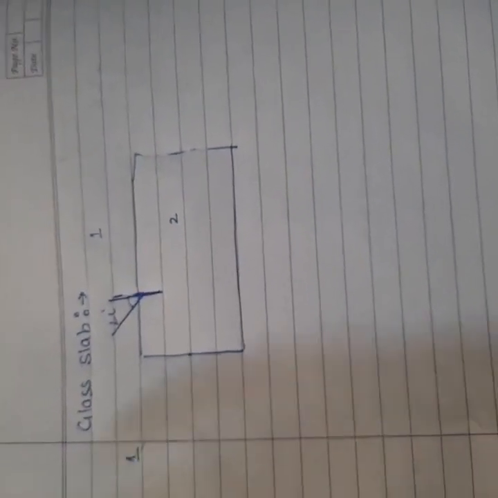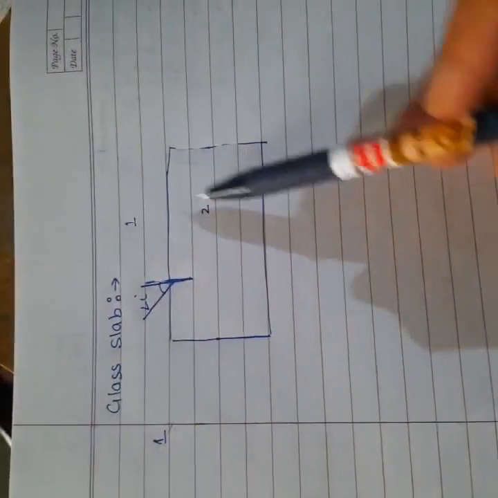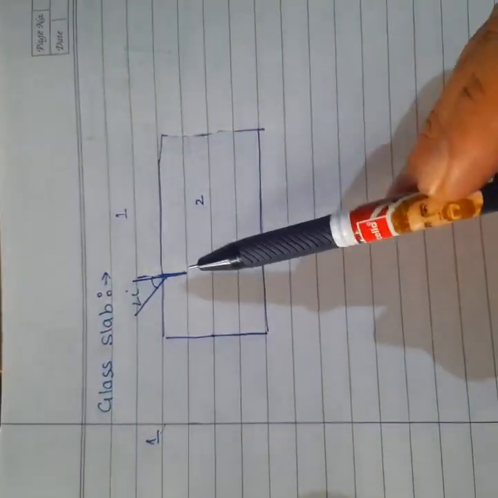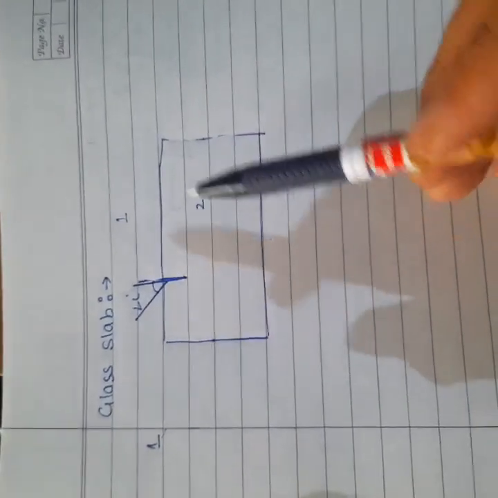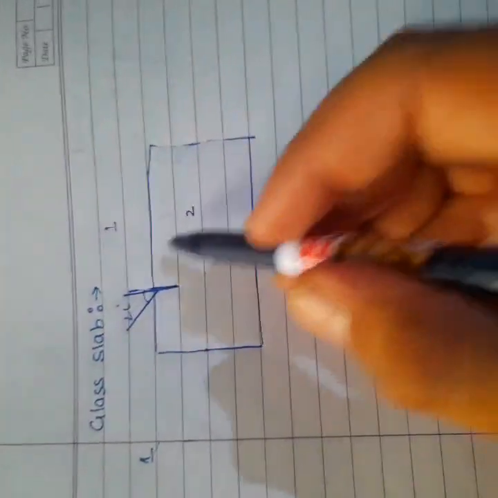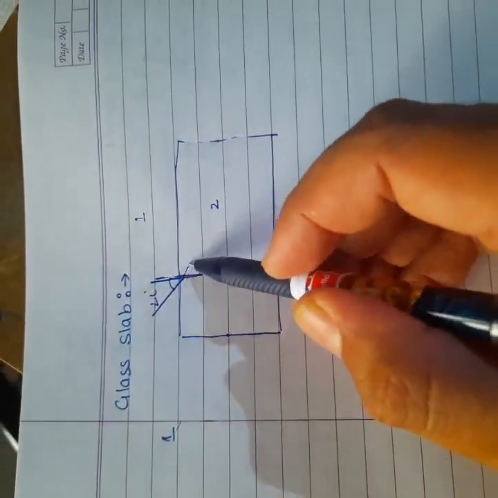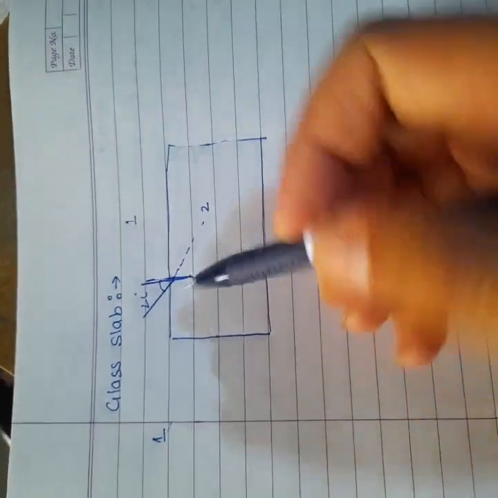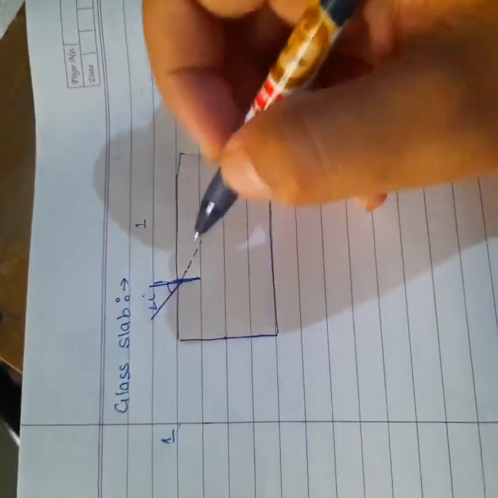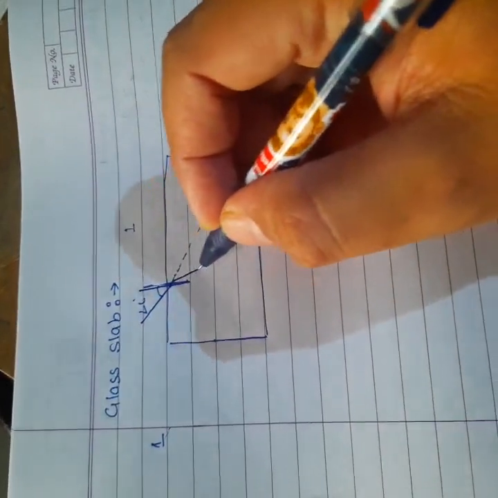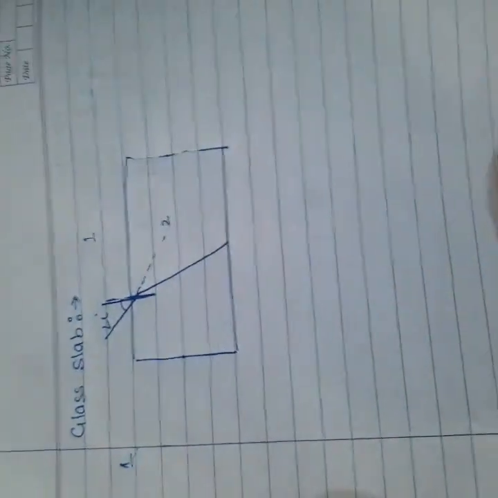This is the rarer medium, this is the denser medium. The condition is, when light travels from rarer to denser medium, it will bend towards the normal. Means light should travel in a straight line, but it will not follow the straight path, it will bend towards the normal like this.